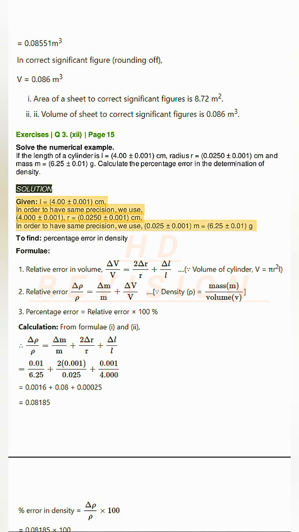Given L equals 4.00 plus or minus 0.001 cm. In order to have the same precision, we use 4.000 plus or minus 0.001. R equals 0.0250 plus or minus 0.001 cm. In order to have the same precision, we use 0.025 plus or minus 0.001. M equals 6.25 plus or minus 0.01 g. To find: percentage error in density.